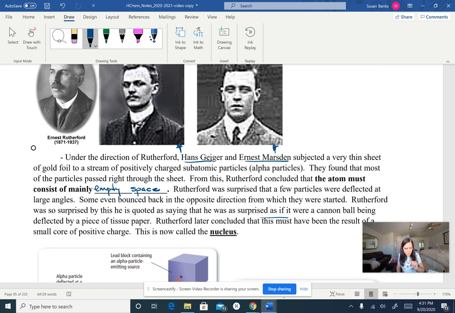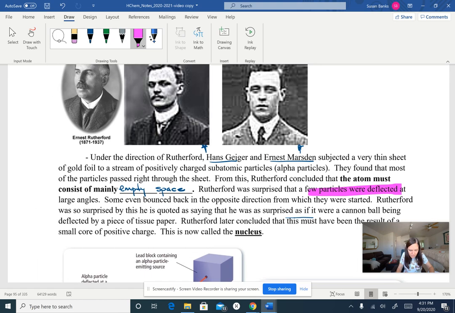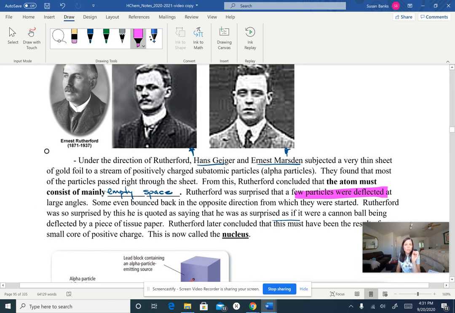Rutherford, though, was pretty dang surprised when he saw that a few particles were deflected at very large angles. Okay, so when we had those particles deflecting at very large angles, in a sense ricocheting, that means there was something really heavy, really dense, and probably positively charged as well to get it to deflect like that.